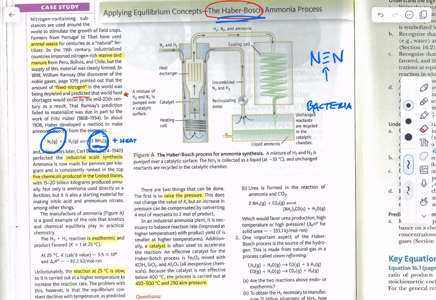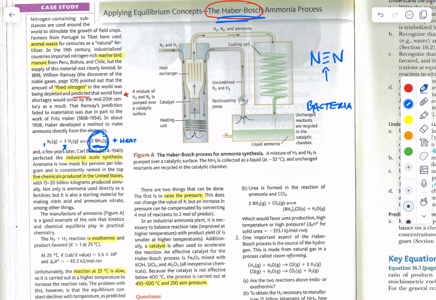So what we're going to do then is we are going to increase the pressure, because notice that we have a 1 and a 1 for our coefficients over here. I'm sorry, that's not a 1. I missed it because of that circle. There it is, it's a 3. We have a 1 and a 3 for my coefficients.